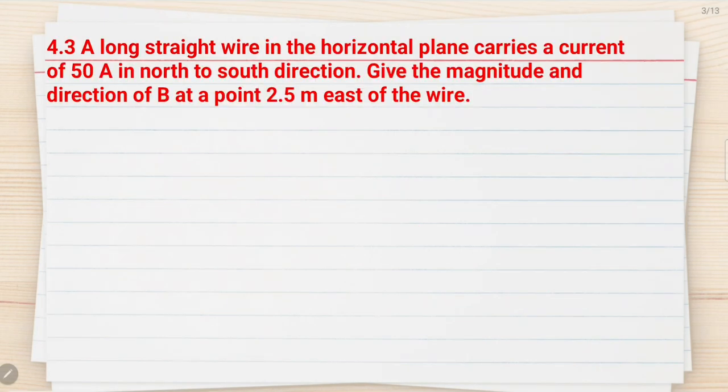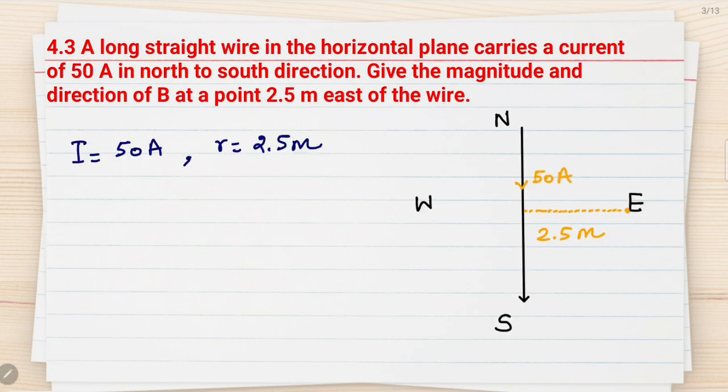Moving on to problem number 4.3. This is very similar to the previous problem. The only thing is it is given in a different way based on the direction. As I drew the picture, the current is moving from north to south, and they are asking the magnitude and direction of the magnetic field 2.5 meter east of the wire.